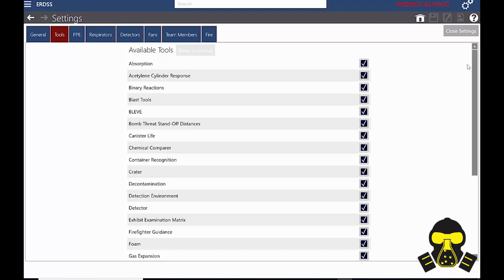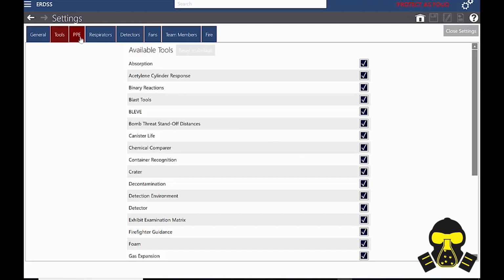Do you need to know what the size of a crater in the ground following an IED would relate back to the size of the IED? If you don't need to know that, you just go in and uncheck it. It doesn't go out of your software, but it saves you screen real estate. I'll show you where that's important later. I'm going to keep them all on, so if we want to see things, we can.